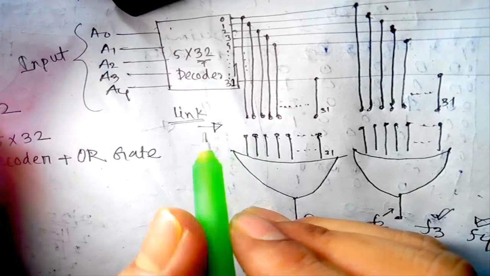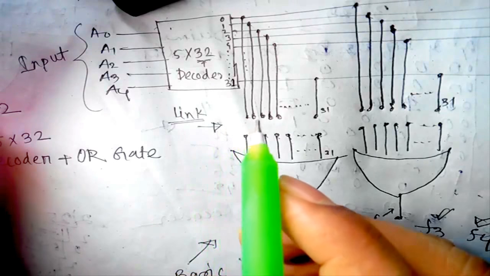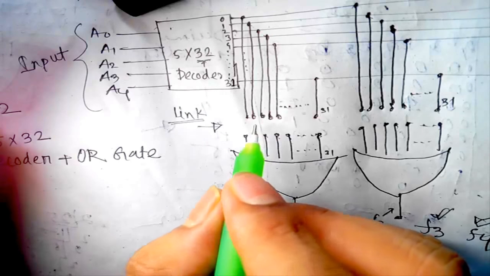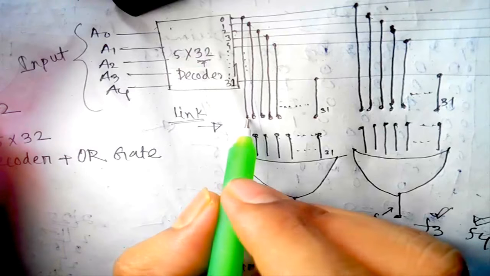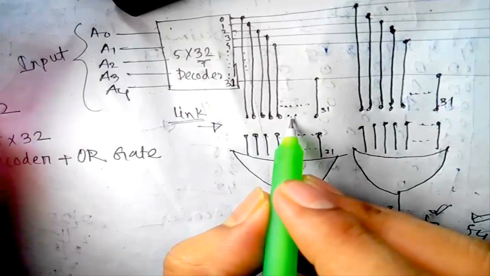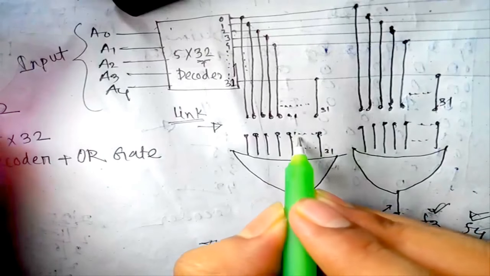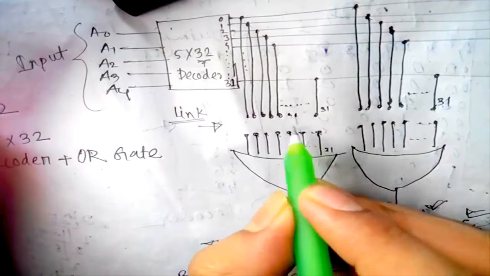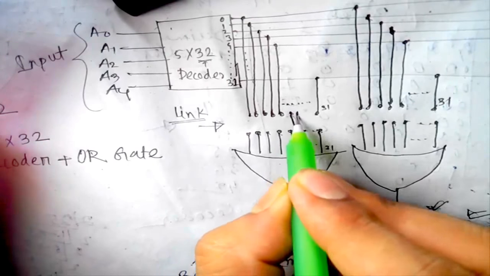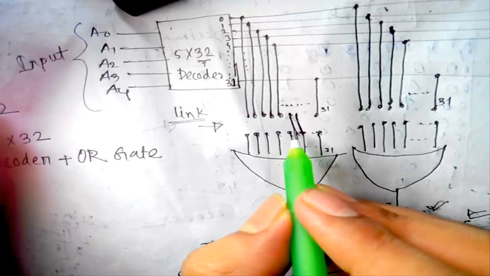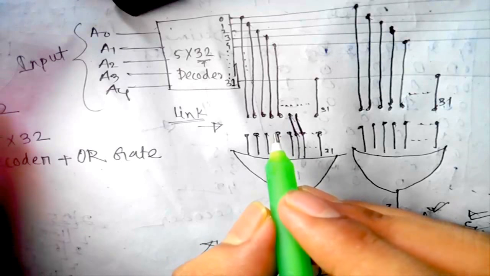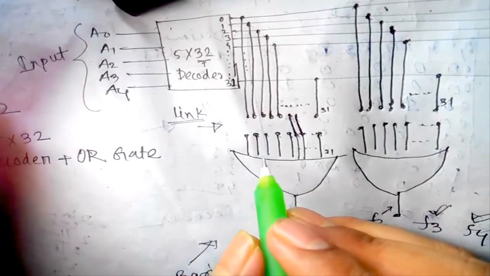Let's say if we want to connect with 6 and 7 transmission line, we need to connect 0, 1, 2, 3, 4, 5, 6. Just simply connect these 2 terminals. So this is called the connection line, which is called the link of ROM.